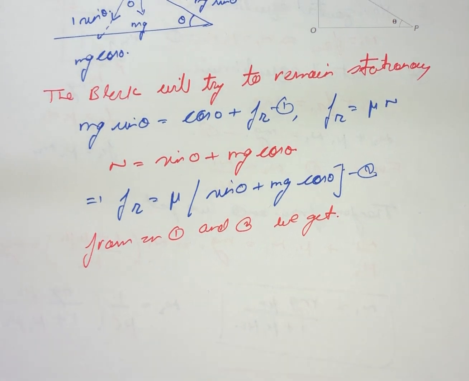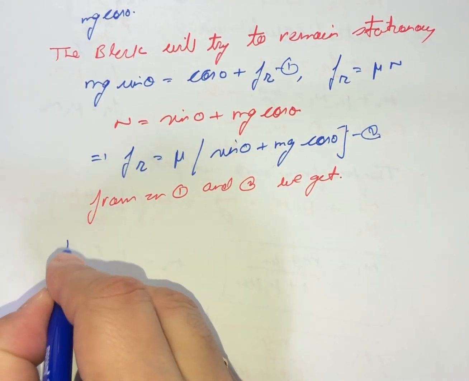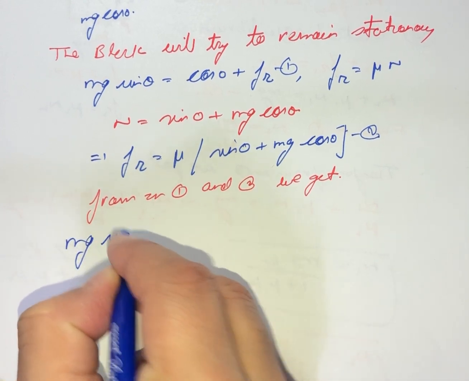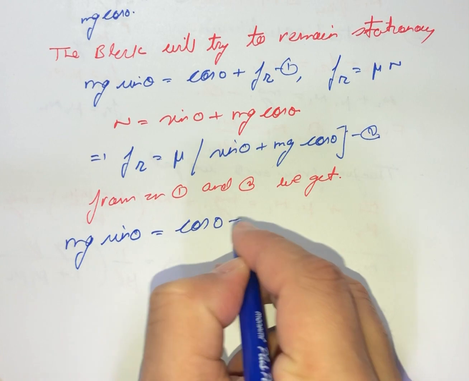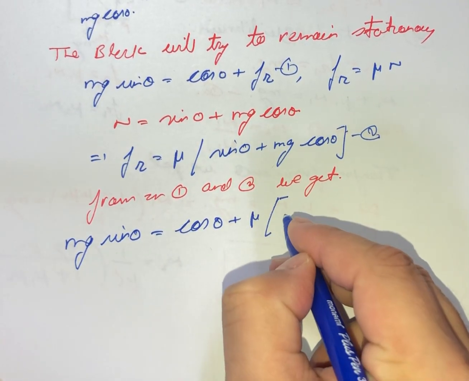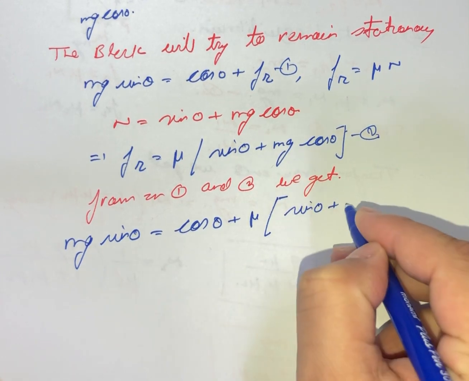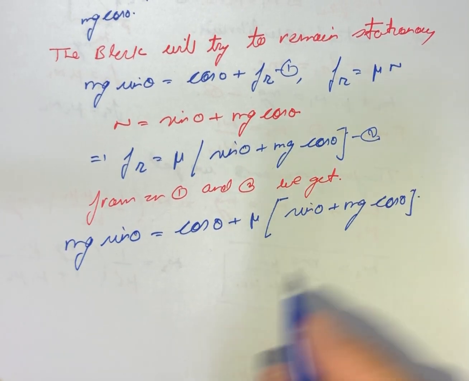we get mg sine theta is equal to 1 cos of theta, substituting the value of Fr, that is mu times (1 sine of theta plus mg cos of theta).